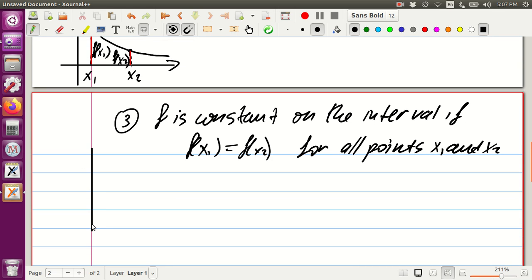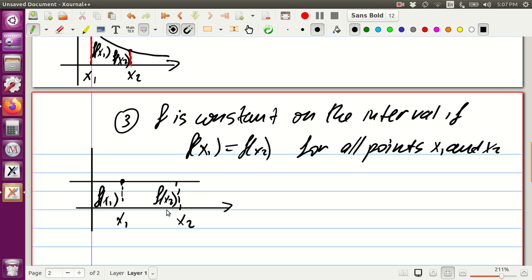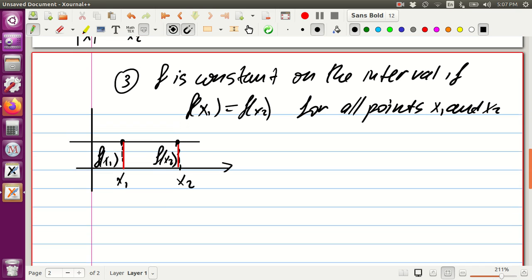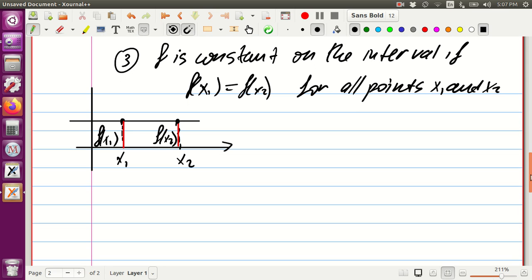Visually we have a constant function, so whenever you take x1 and whenever you take x2, f of x1 is the same as f of x2, because this distance over here is exactly the same as this distance over here. So we got these three definitions.